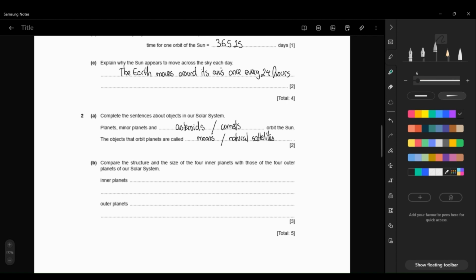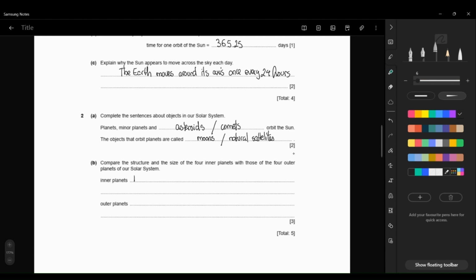B. Compare the structure and the size of the four inner planets with those of the four outer planets of our solar system. So, what do you have to know about the inner planets? You need to know that the inner planets, that is Mercury, Venus, the Earth, and Mars, are rocky.